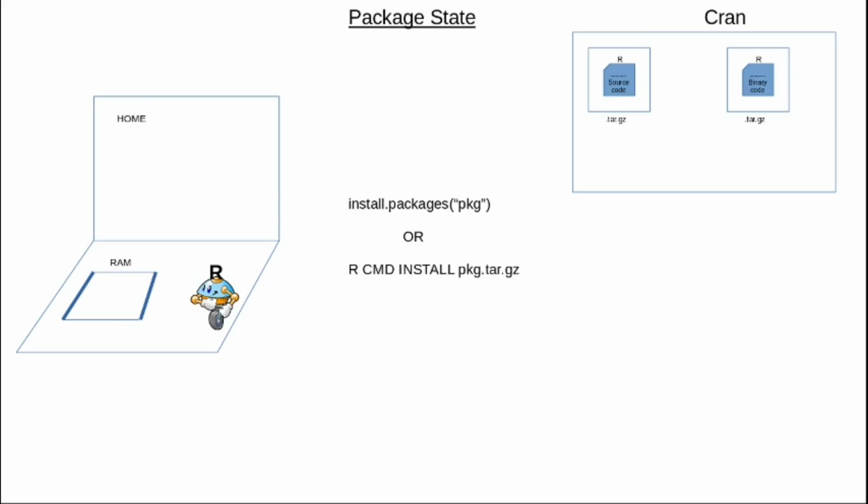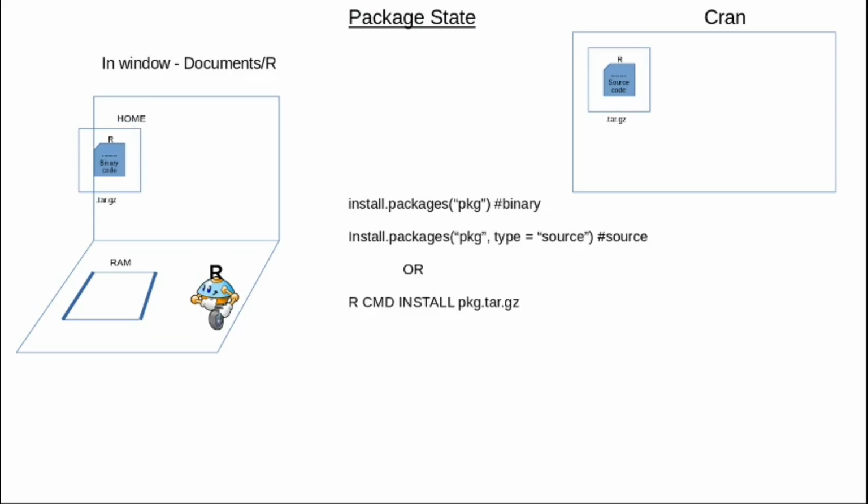Internally, it runs a command like R CMD INSTALL with your package name in the terminal. Whenever you run this command, it downloads your binary code, extracts the binary code, and directly places or installs it on your hard disk.